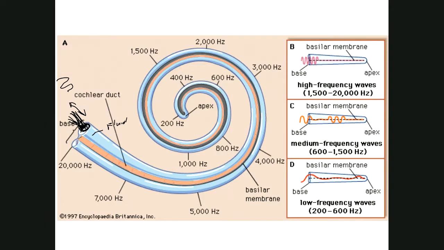And it's going to move with this same wave that we had over here. And the wave is going to travel through here all the way to the tip, and it's going to come back all the way to here. And then what's going to happen is the round window is going to bulge out and absorb the wave so it doesn't bounce backwards.